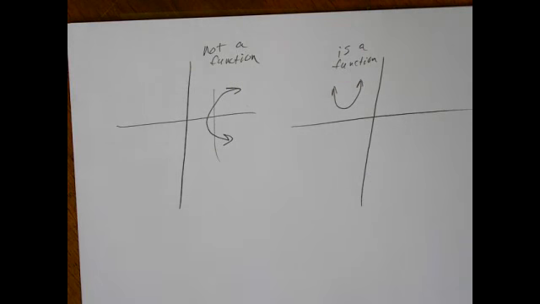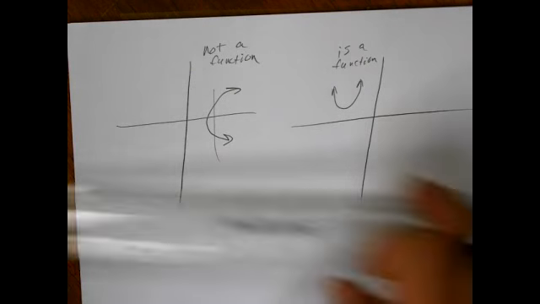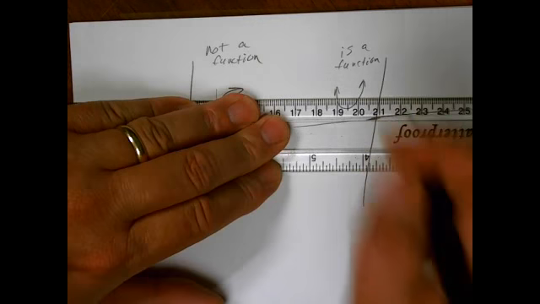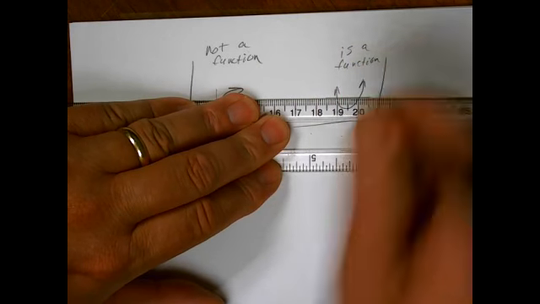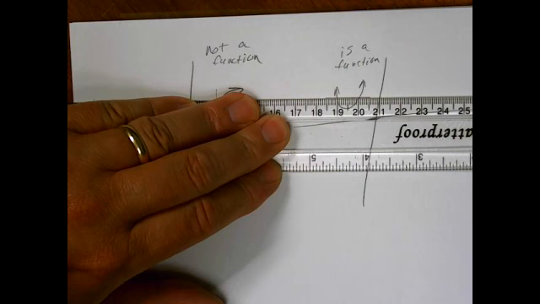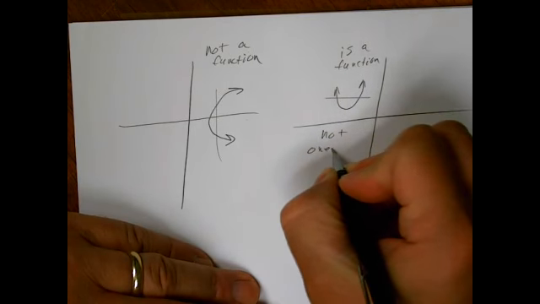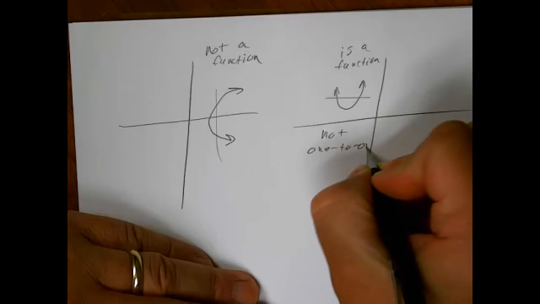There is another test called the horizontal line test. And the graph on the right fails the horizontal line test. I can draw a horizontal line and I can hit it more than once. That means it is not 1 to 1.